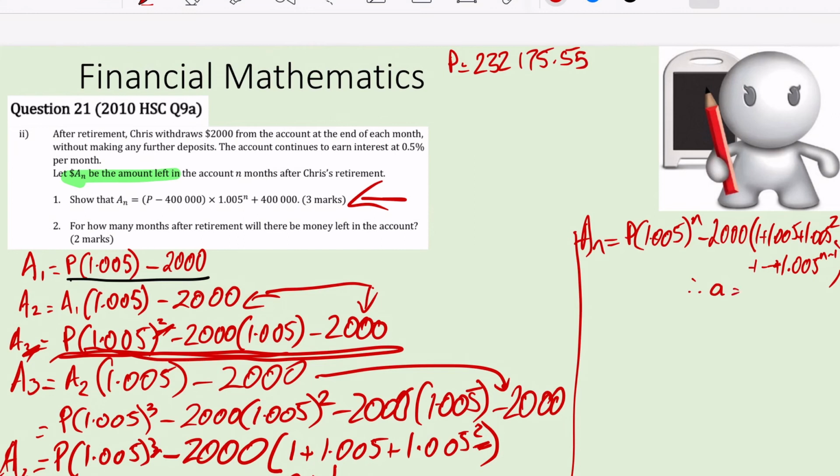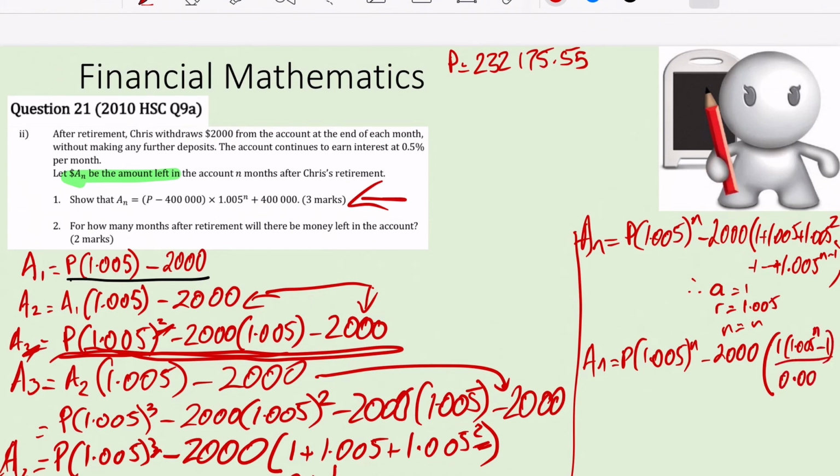Therefore, what you now need to say is you've got a GP, A is equal to 1, R is equal to 1.005, and N is equal to N. Right, so now, therefore, AN is P times 1.005 to the power of N minus 2,000 multiplied by the sum of a geometrical progression, which is A outside of R to the power of N minus 1 over 0.005.